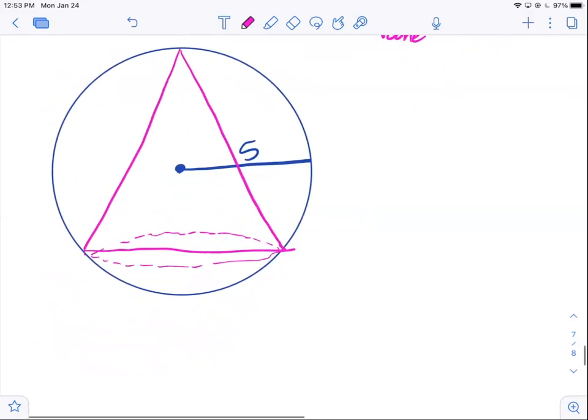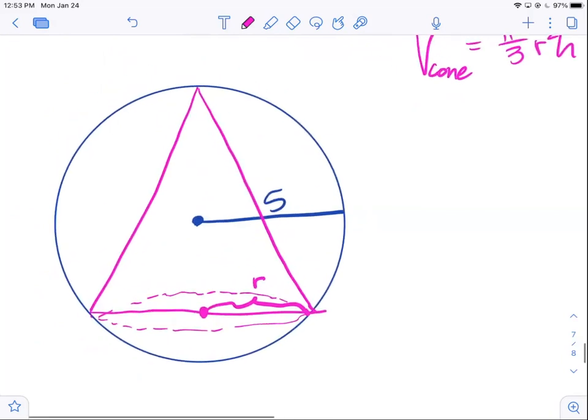Now let's go ahead and label the dimensions. The dimension right here is little r. Now that's the radius of the cone, not the radius of the sphere. Of course, the height, you could call the entire thing from top to bottom. You can call that whole thing h. But here's what I've come to discover.